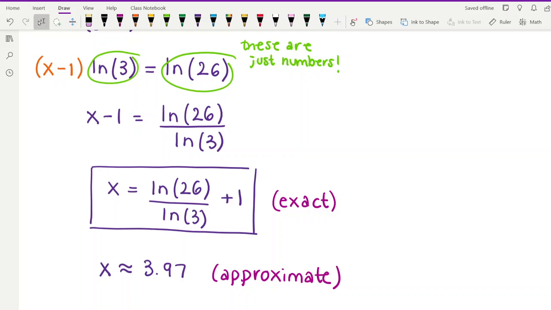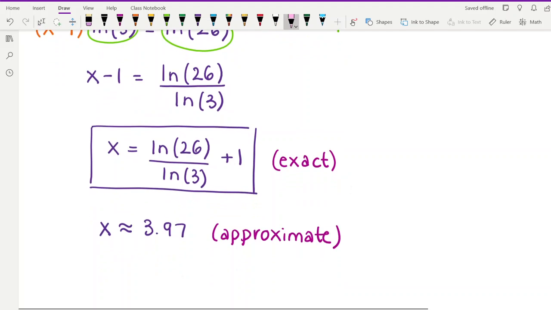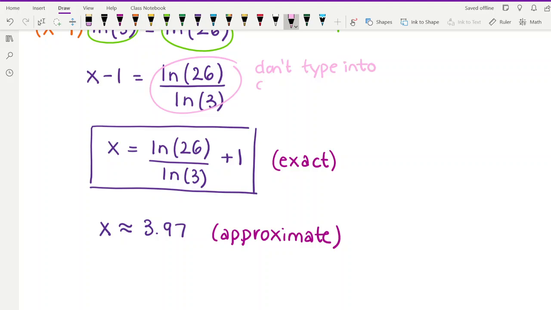And I just want to quickly make a note so that if anyone's just reading these notes, they see this, that you don't want to type these into your calculator until the last step. And as I mentioned, there's basically two reasons for this. One is that you want to be able to write down your exact form.